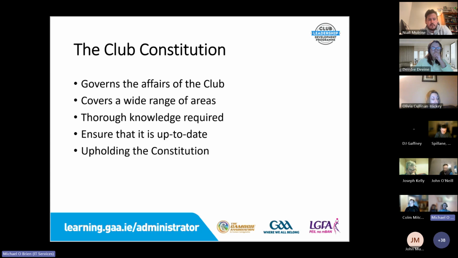That said, there's consistent changes to it. It's consistently been updated. When I say consistent changes, there's yearly changes being made to the club constitution. You have to make sure that you keep an up-to-date version. Historically people would request a copy from Croke Park and keep it in their clubhouse. But look, we're in a digital age now. You can download the club constitution and store it on a laptop or store it within your SharePoint on OneDrive.